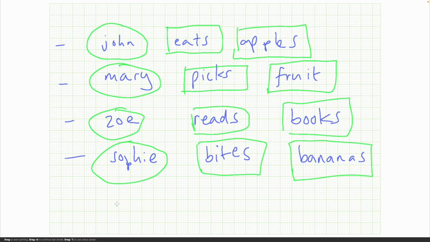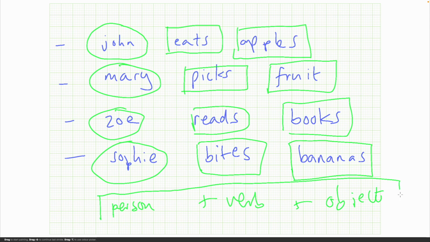So there is a pattern here which is person plus verb plus object, and that's a nice scheme for testing whether a sentence matches or conforms to this kind of scheme to be a sentence. So we'll keep things simple and imagine that just for our purposes this is what a sentence looks like. So if something doesn't conform to that, we'll say that it's not an English sentence.